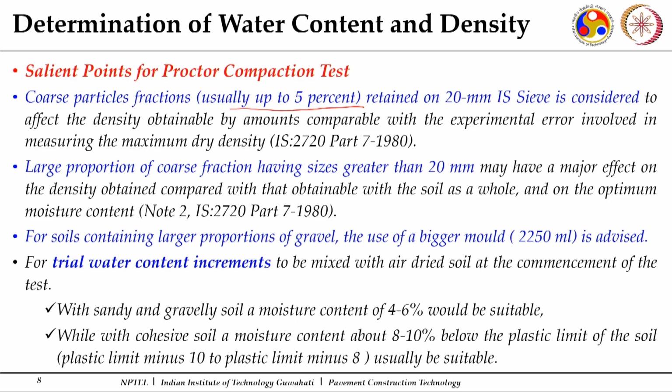You can go with the 10 centimeter dia mold, the 1000 ml mold, in that case. In this test you will use all material which is passing this 20 mm or 19 mm sieve. Now, if there is a significant proportion of particles which are retained over this sieve, then it is better to use the molds which have bigger sizes.